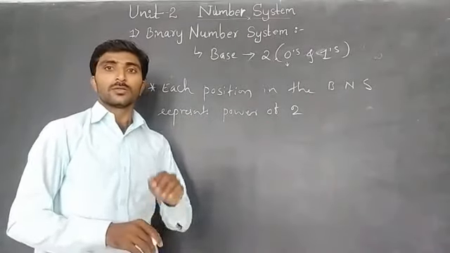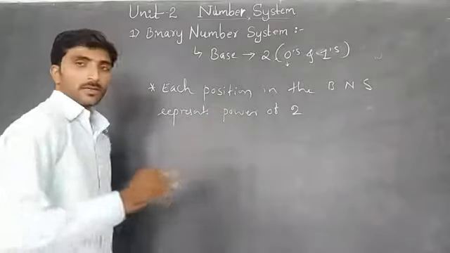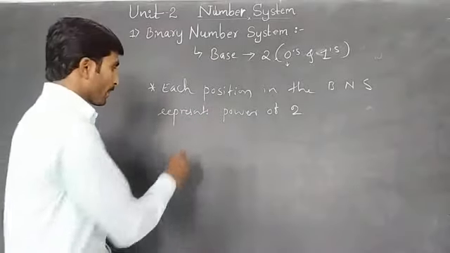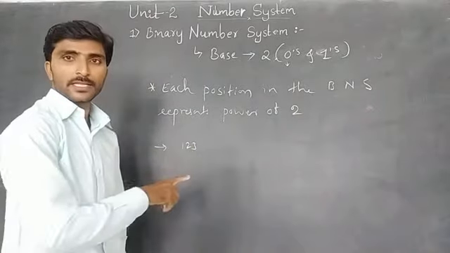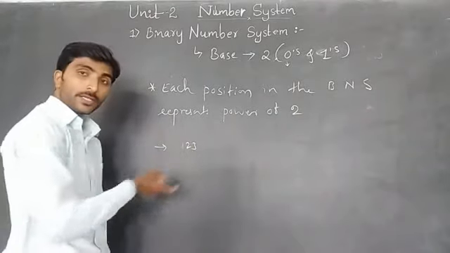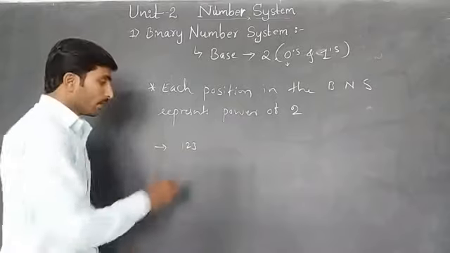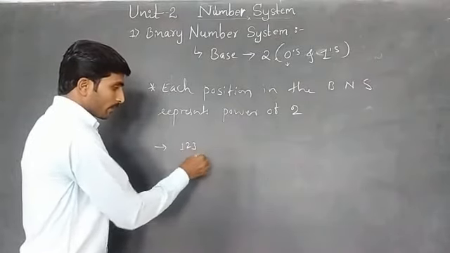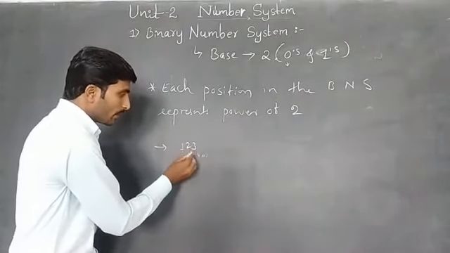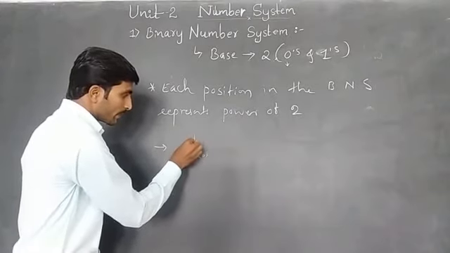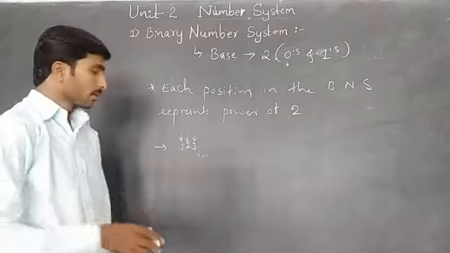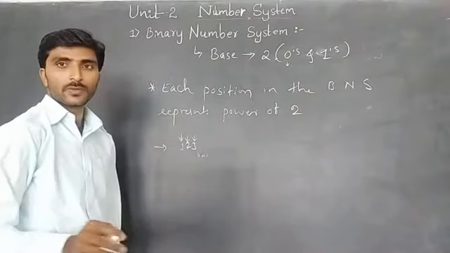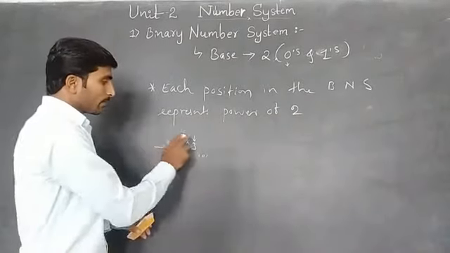Okay. So in the decimal number system, here is an example, 123. How do you say 123? Not 1 2 3, but 123. So this is base 10, because this is the unit place, this is the 10th place, this is the 100 place. Then we can say this is 123, because it has a base.